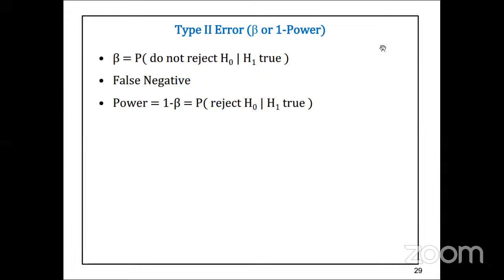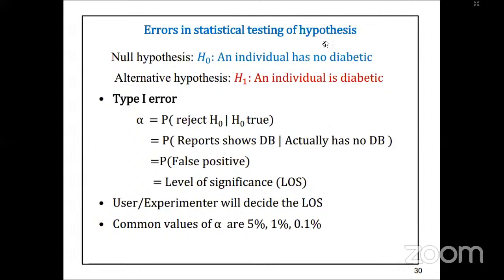Okay, now let us go further. All these things are given in detail, that when we'll be setting up the hypothesis, I have considered the diabetes example. But now what will be your H0 and what will be H1? If I'm going for a test, suspecting that I can be a diabetic patient, my null hypothesis would be I don't have diabetes.